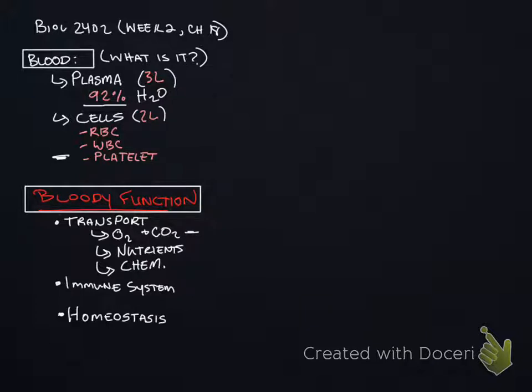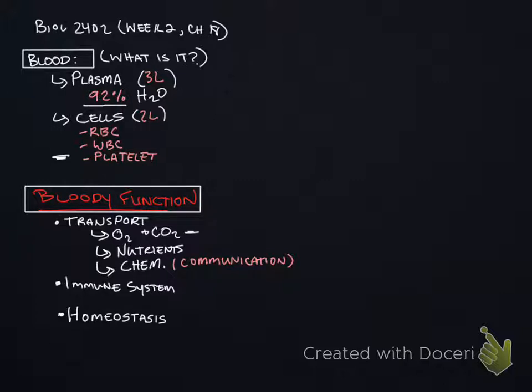Okay, and chemicals that allow our blood to communicate, so it allows for communication and maintenance of homeostasis. So chemicals, like we just talked about in the last chapter, hormones are a type of chemical that will communicate via the blood.